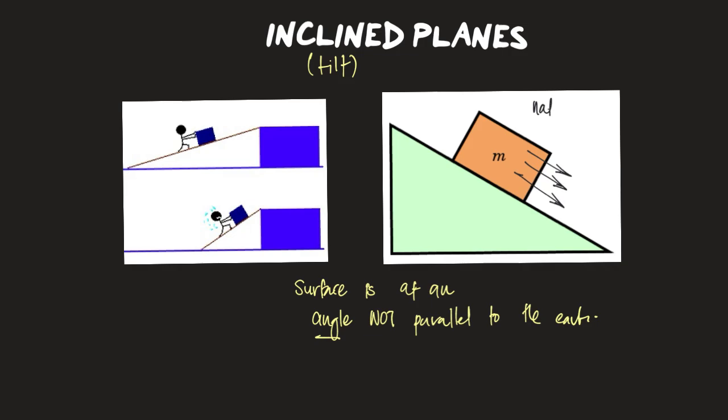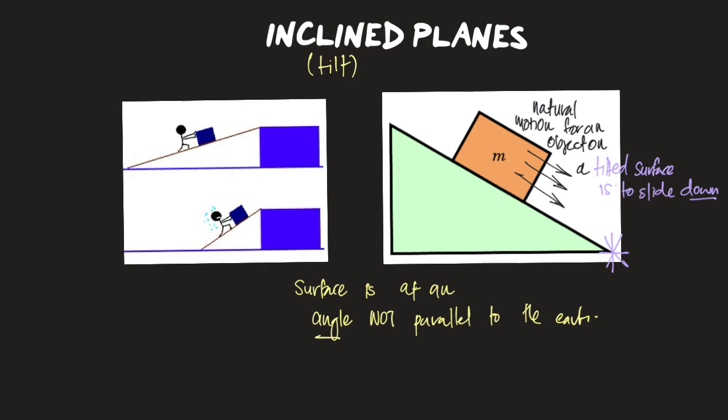So the natural motion for an object on a tilted surface is to slide down. Right, so it wants to come back here to the ground point. Right, that's its natural motion.